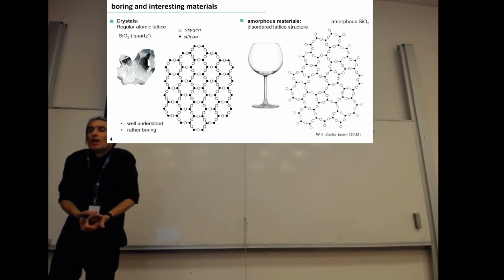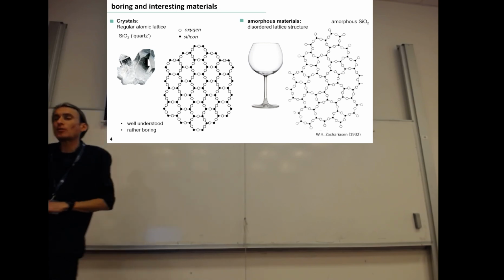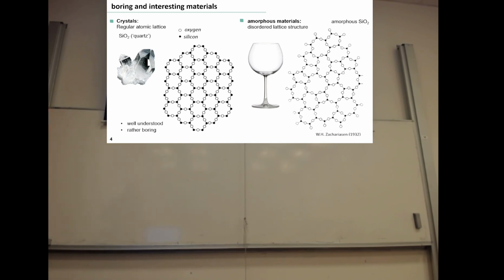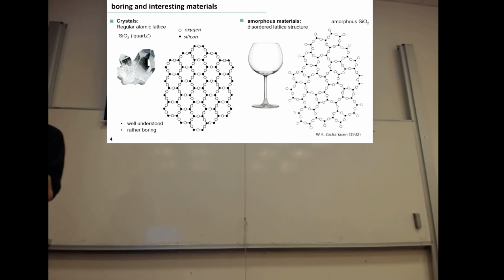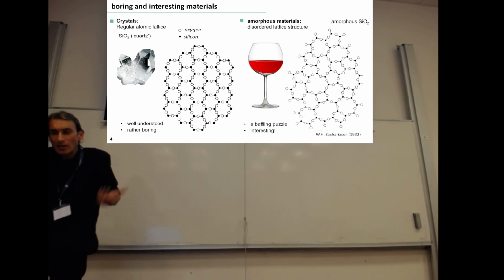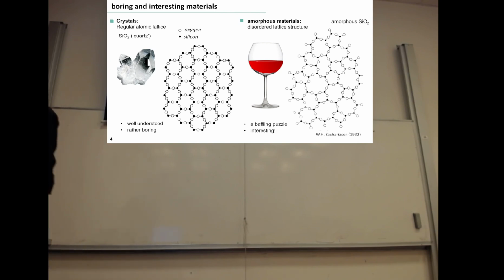You can just calculate the thermal properties of this material by thinking cleverly, starting from first principles, which is not possible for amorphous materials. In physics this also makes the amorphous material a very interesting material, and especially a puzzle. There are many things that are still not understood.